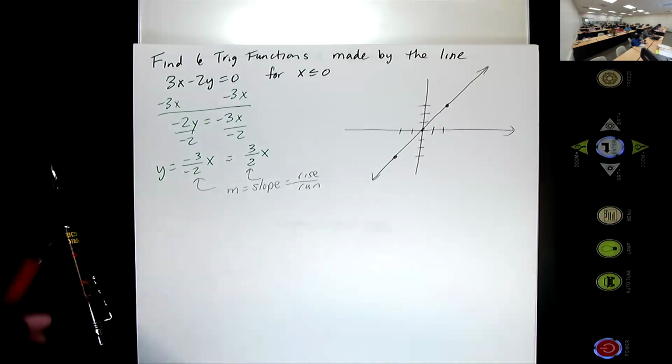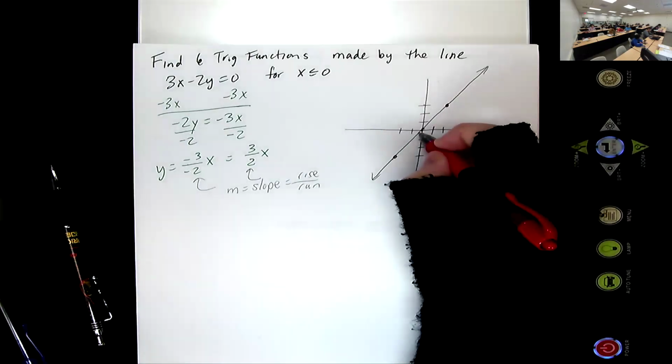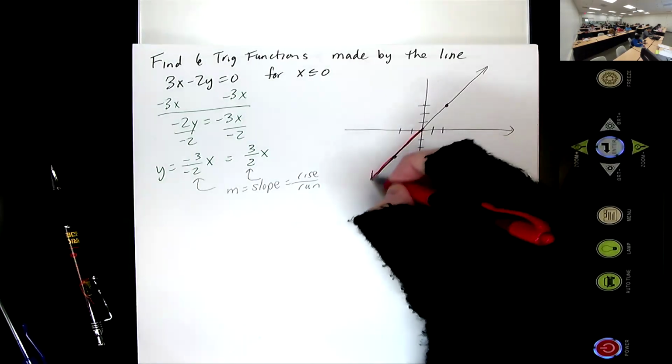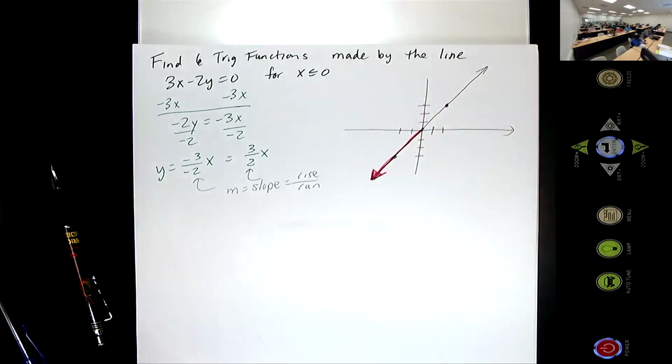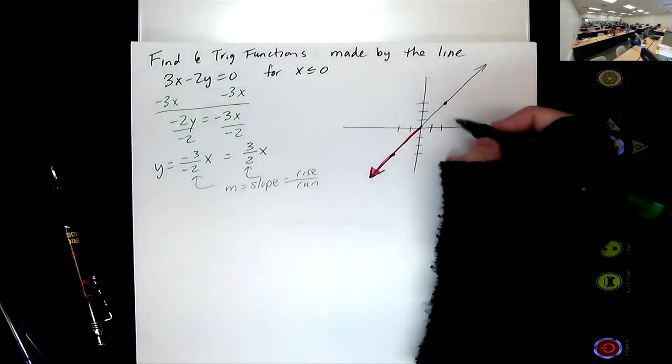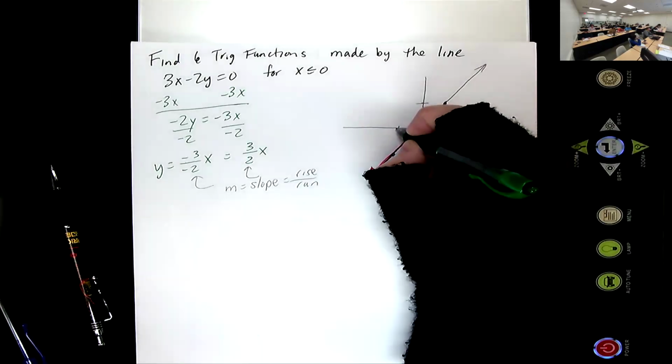It says x is less than or equal to 0, so we're just looking at this portion. Which means I can make a triangle like that.